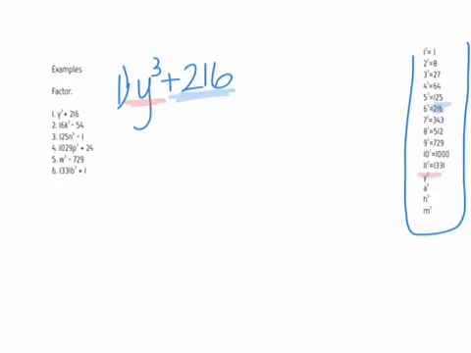Now, this is what I recommend, the first thing that I would do is write down the signs of my binomial and trinomial that I'm going to write. So to factor y cubed plus 216, I'm going to have an empty binomial and an empty trinomial. Then I'm going to use SOAP. This sign and the first sign in my binomial are the same.